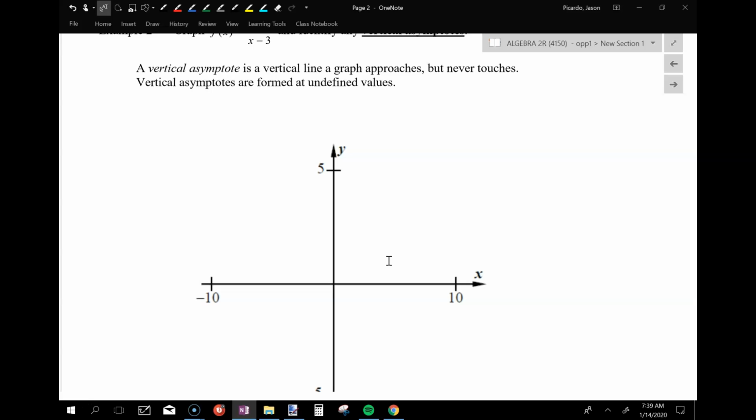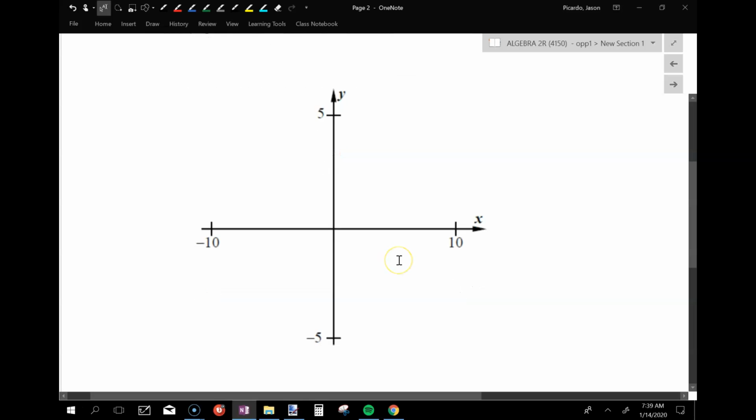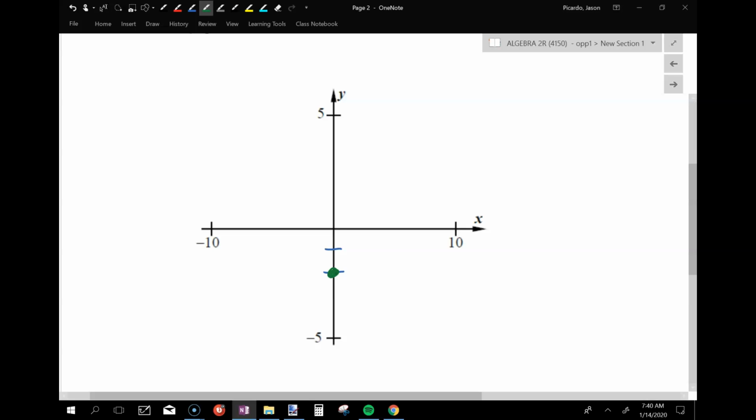We determined that this had a y-intercept of -2. So on my graph, I'm going to put a y-intercept at -2. Give me something else that we know. In part B, we determined the root was -6.